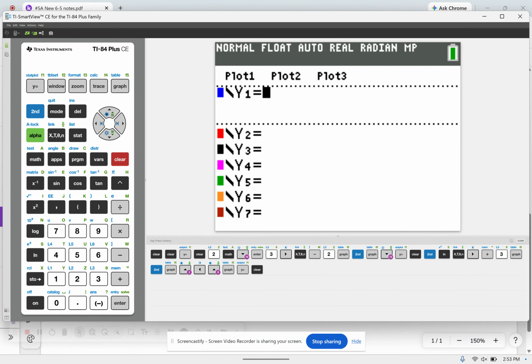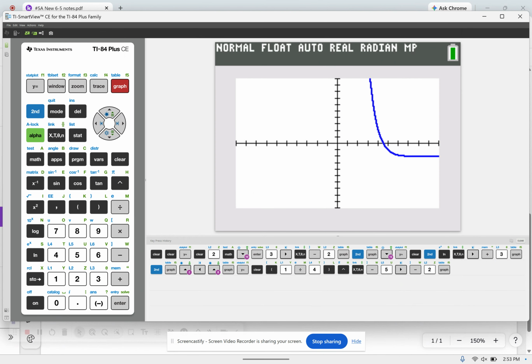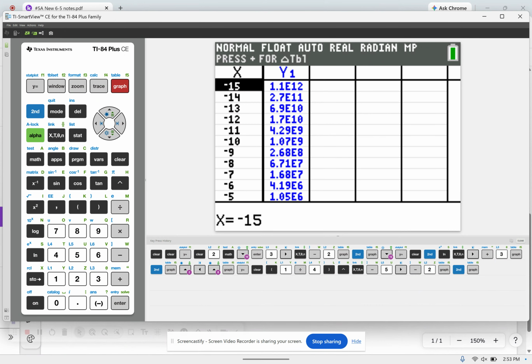Okay, so y equals, clear. Parentheses, 1 divided by 4, close my parentheses, caret key, x minus 5, arrow down, -2. And then I'm going to hit graph. Okay, and then I can go to the table.